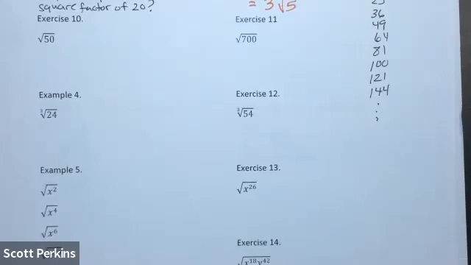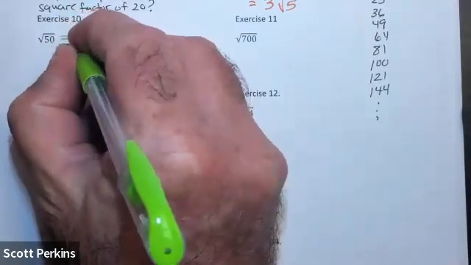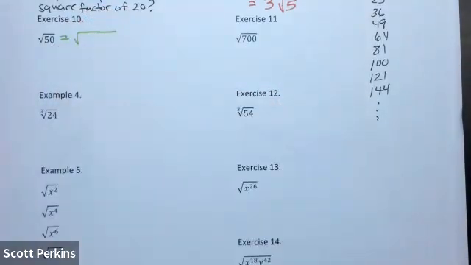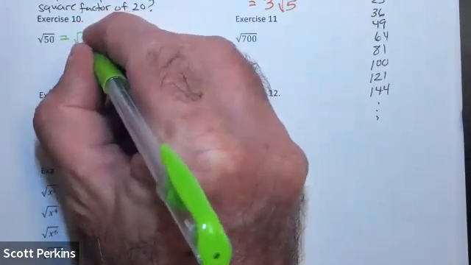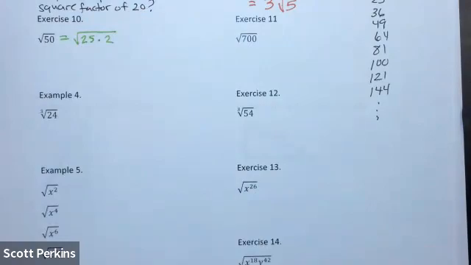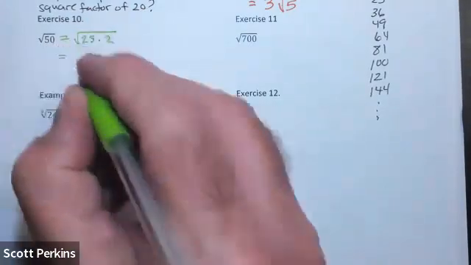What number on the list goes into 50? 25. 50 is 25 times 2. Yep, don't be afraid to use your calculator and mess around with that, figure out what's going on.